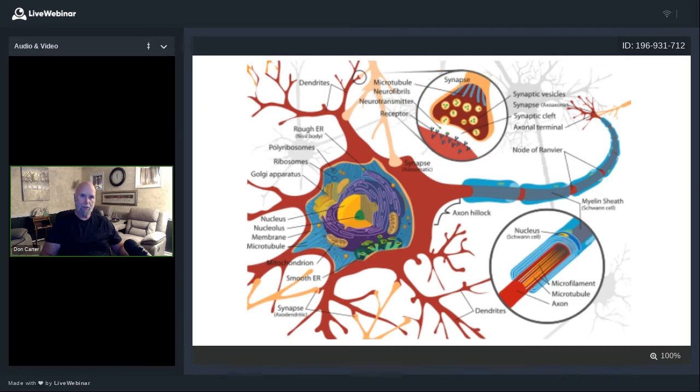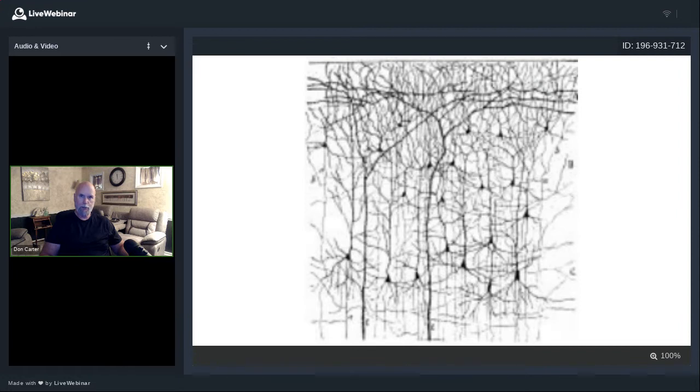Let's take a look at this artist rendition of what a neural network would look like. This is a matrix that looks like a tangled-up web, but there's layer upon layer of dendrite and axon connections making up various neural networks.